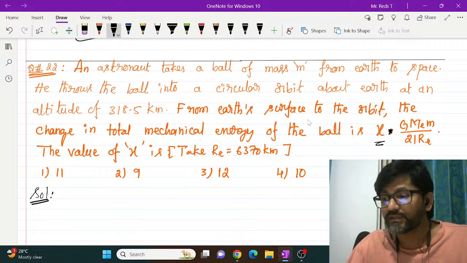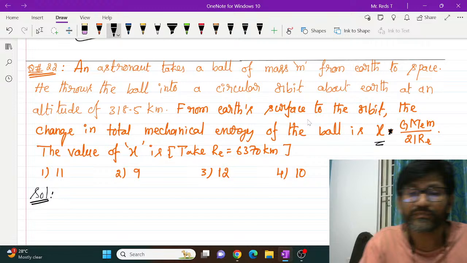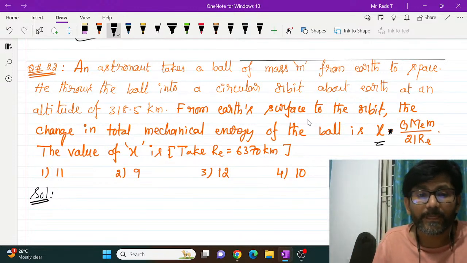So what are you asked to calculate here? What is given and what are you asked to calculate? An astronaut takes a ball of mass small m from the surface of Earth.